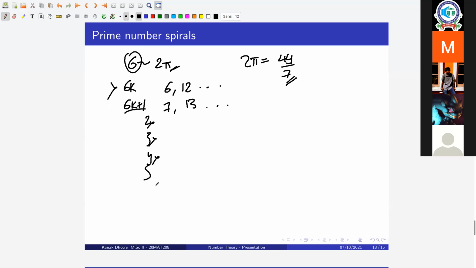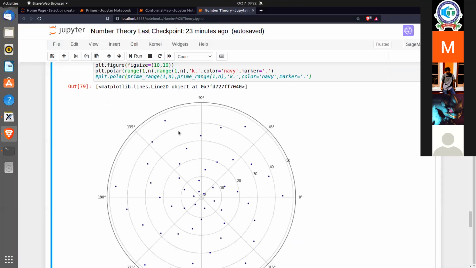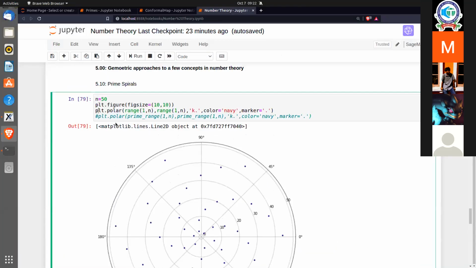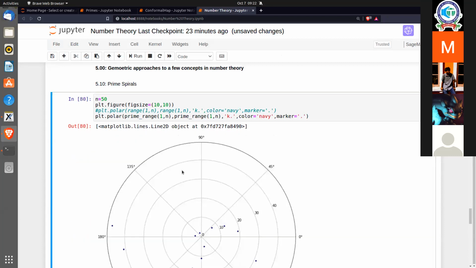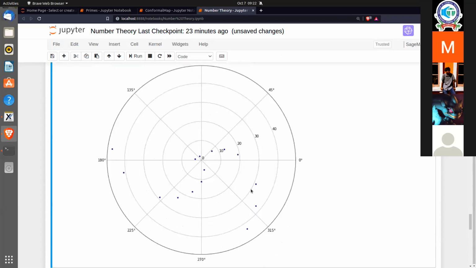So I'll be left with 6k plus 1 and 6k plus 5, which is exactly what we see. If I comment out this and just plot the prime ones, you'll see that I get exactly 2 bands here.